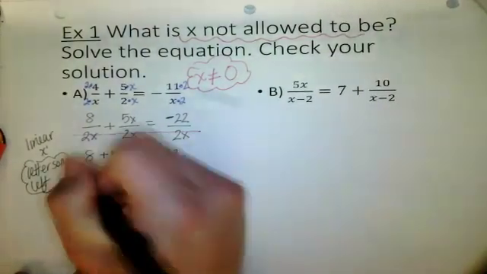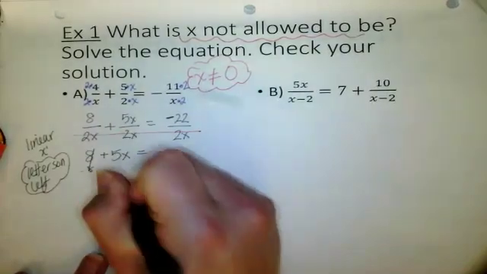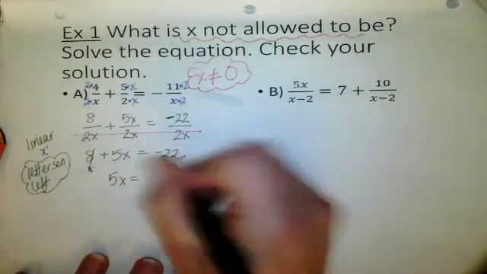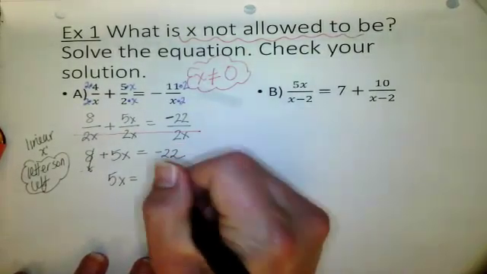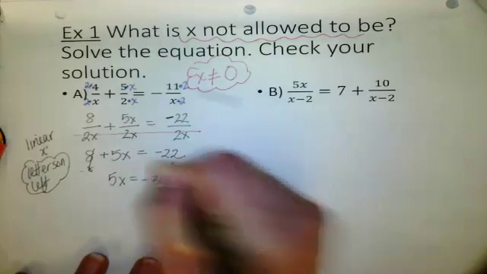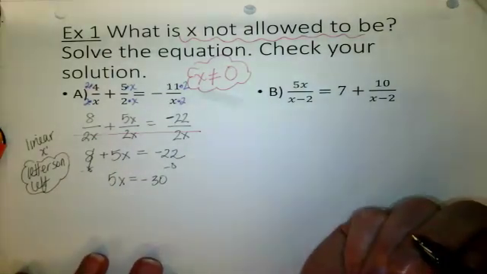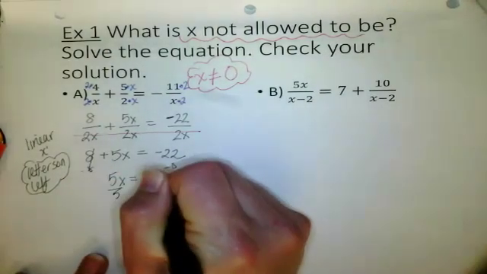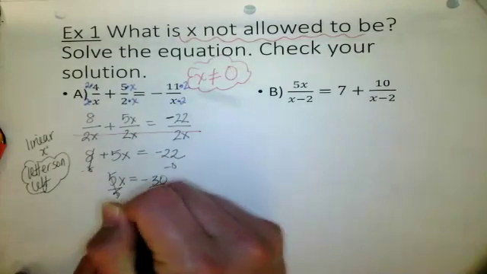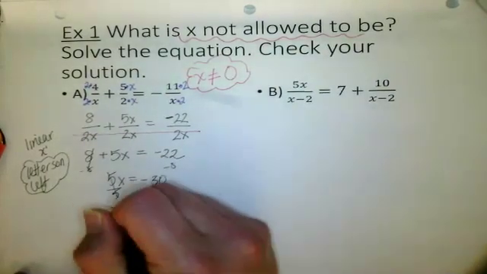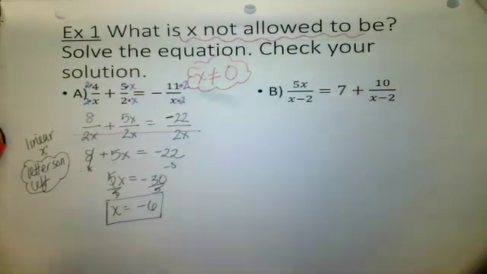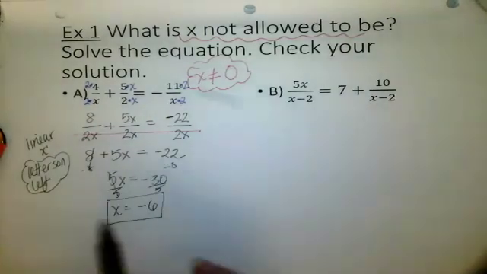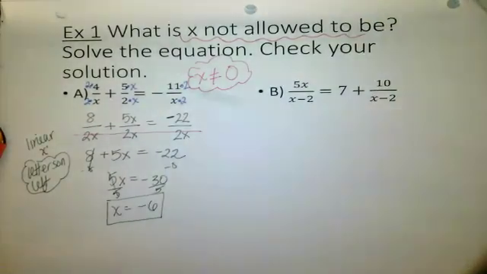I want to move the 8 away, so I'm going to subtract 8. So I get 5x equals, what's negative 22 and a negative 8? Negative 30. How do you isolate x? Divide by 5. So for linear equations, one way to do that is letters on the left. So we get x equals negative 6, which is a good thing. It's not 0. That's okay.